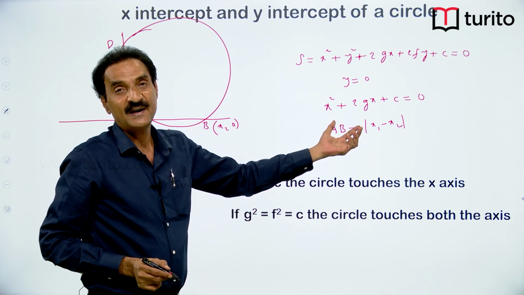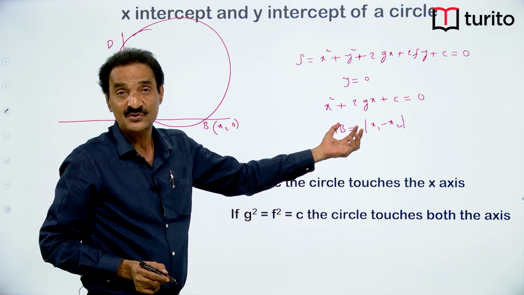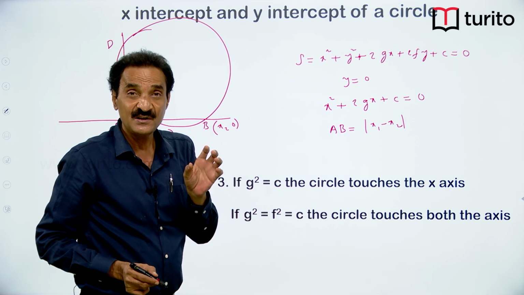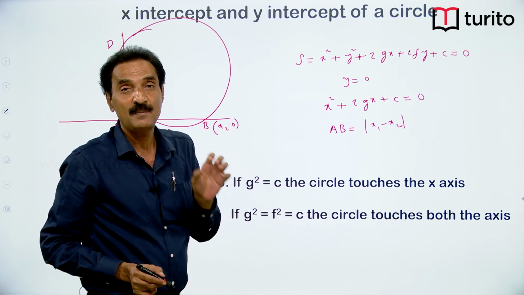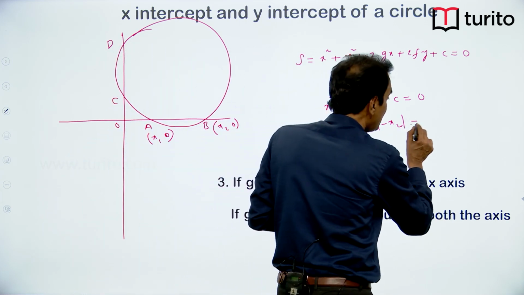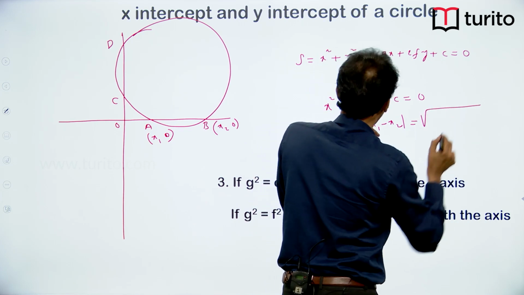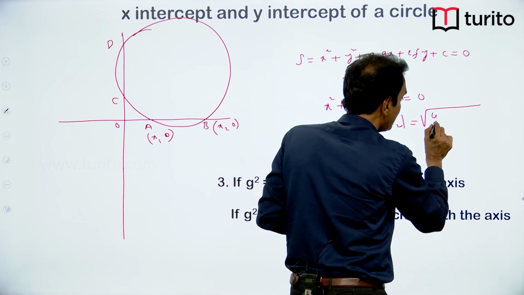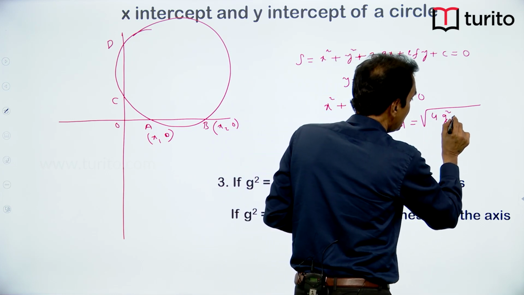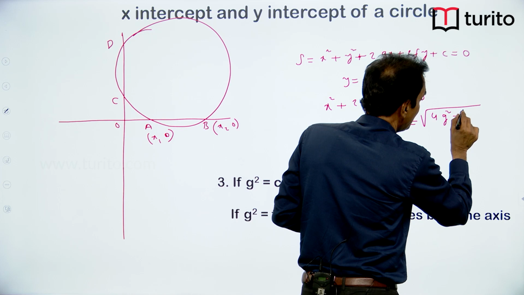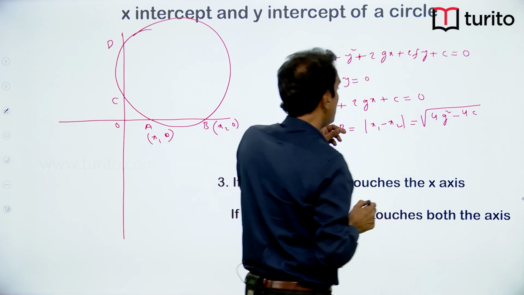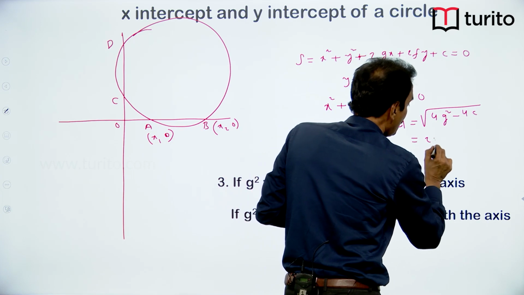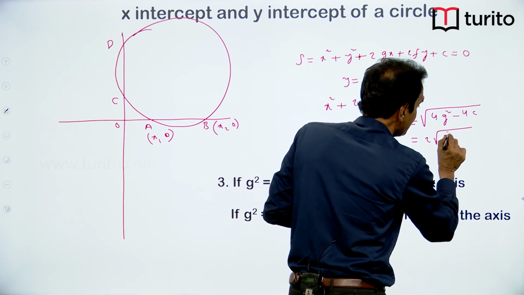What is the formula for the magnitude of the difference of the roots? The magnitude of the difference of the roots of a quadratic equation is given by root delta by mod A. It is equal to root delta, that is the square root of b square minus 4ac, 4g square minus 4c by 1, that is 2 root g square minus c.